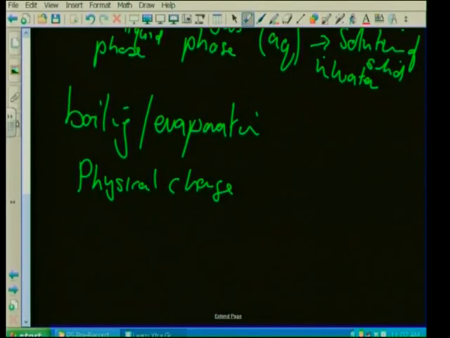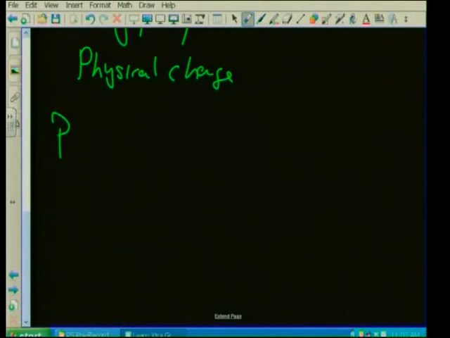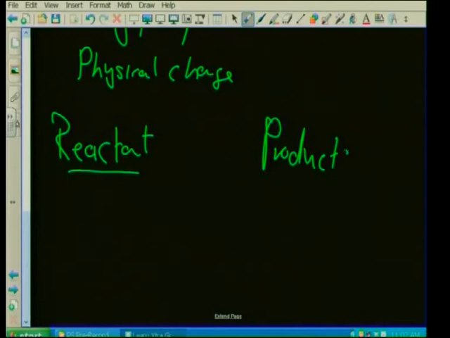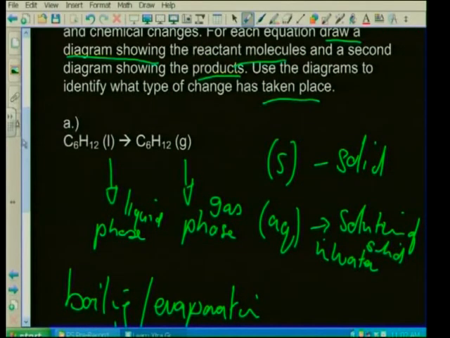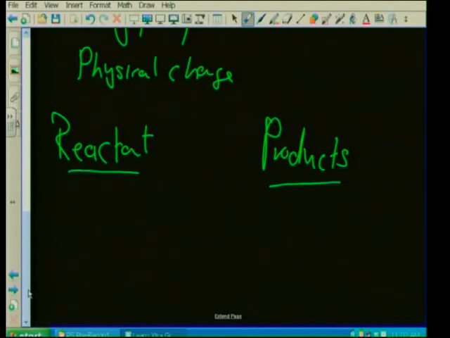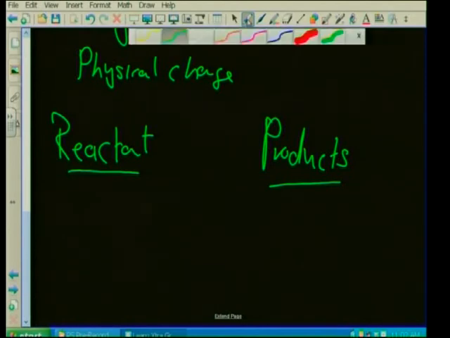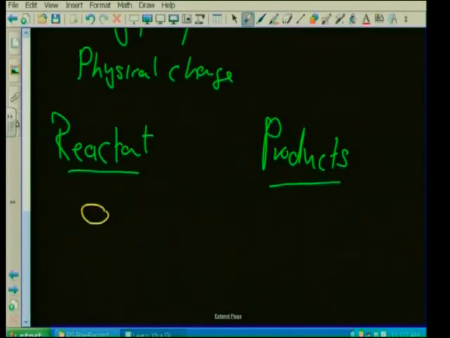Now, we've got to draw pictures. So the reactant, I'm not going to draw all the atoms in, and they're the products. So what are we going to say? We have started with a liquid, and we're going to a gas. I'm just going to choose a symbol to represent my molecule. So I'm going to represent my molecule with those little yellow ovals.